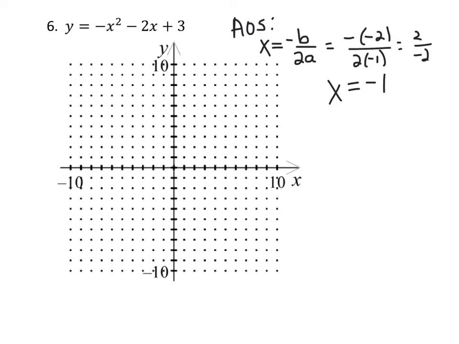Okay, so what I've done is I've taken these values for these coefficients and I've plugged them into my formula. So I have a negative b, so negative negative 2. Because it's a negative negative, it makes this 2 a positive. And then I have 2 times a negative 1, which gives me a negative 2. So all in all, when I'm done, I have x equals negative 1 is my axis of symmetry.